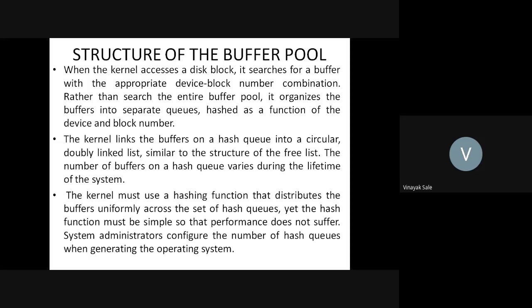The kernel must use a hash function that distributes the buffers uniformly across the set of hash queues, yet the hash function has to be simple so that performance does not suffer.